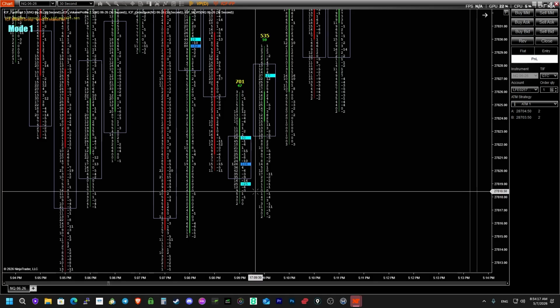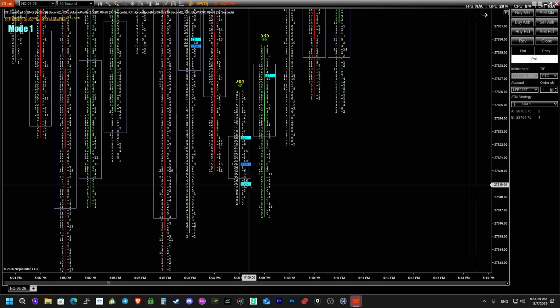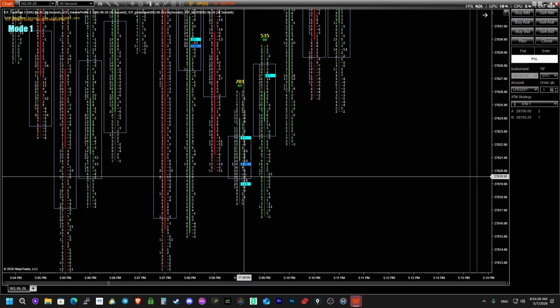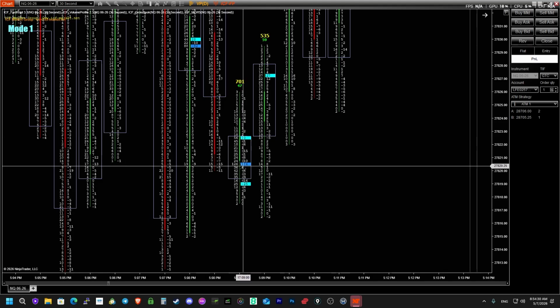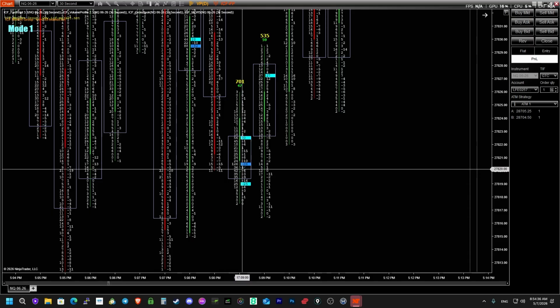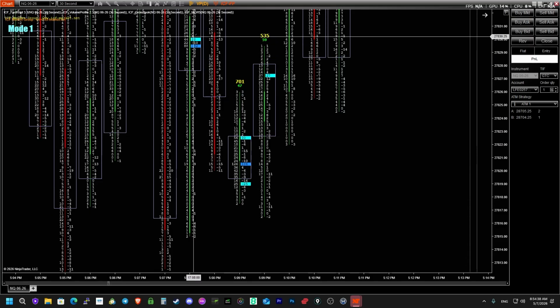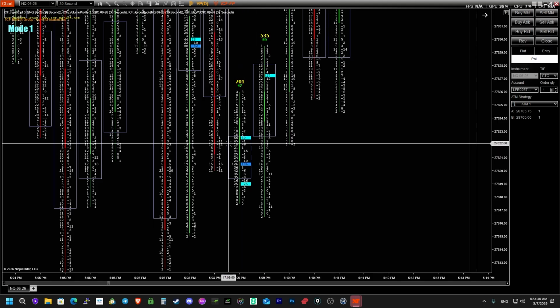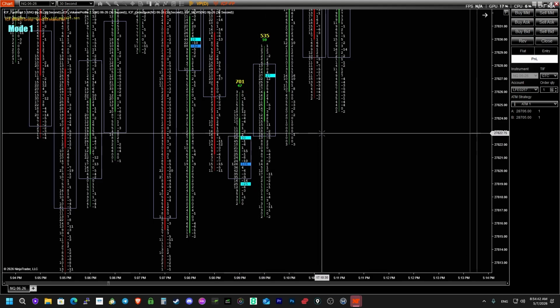The delta is 25, and the volume is also 25, so all 25 volume were sells, and buyers absorbed that, and then they bought aggressively. As you can see here, the delta is 106 and the total volume is 126. So even if you wouldn't enter before, this would be a perfect place for entering the market.